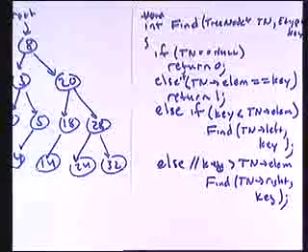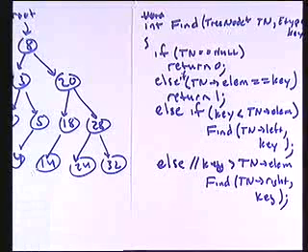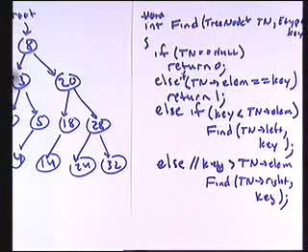So if I'm looking for 5, I would say, well, 5 is less than 8, so I pass in the left pointer of 8, and now I'm pointing to 3, and then in that second recursive call, Tn points to 3, and I say, well, Tn's not null, but the element 3 is not equal to my key, and yet 5, what I'm looking for, is not less than the element, which is 3.